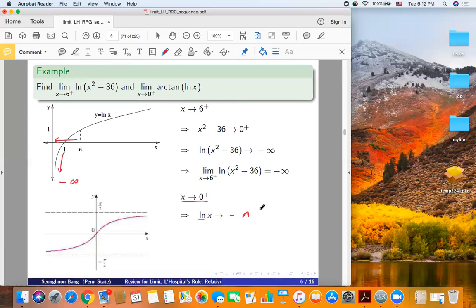So the inside one approaches negative infinity. What happens to arctangent? Arctangent approaches negative pi over 2. So this is the answer.